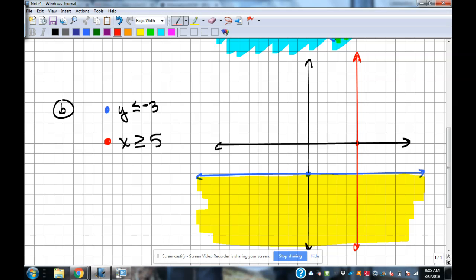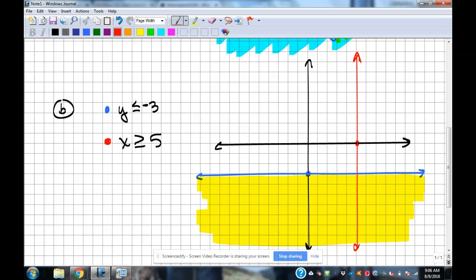All right. Shading is the next thing. It says x is greater than or equal to 5. So where are the x values greater than 5? To the left of the red line or to the right of the red? To the right. So greater than is this way. So we're going to shade this side. And the overlap is going to be this corner down here.